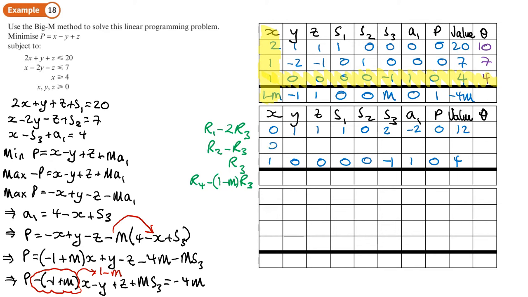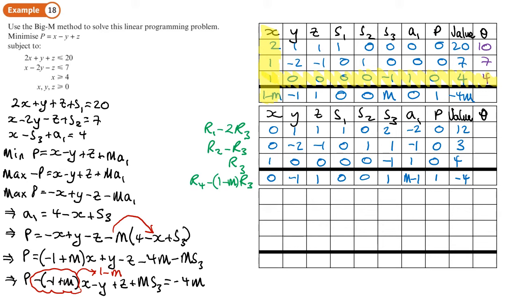Row 2: 0, negative 2, negative 1, 0, 1, 1, negative 1, 0, 3, and the bottom row becomes 0, negative 1, 1, 0, 0, 1, m minus 1, 1, and negative 4.